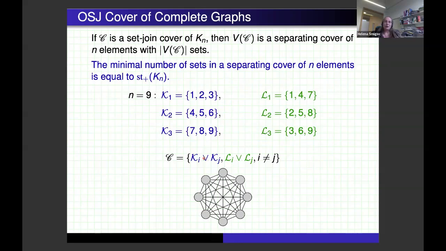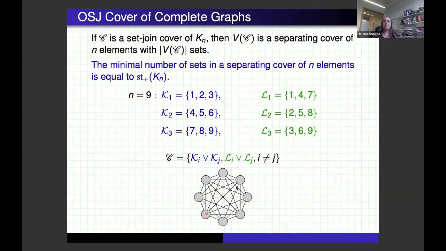How is this connected to our set joints? Well, if I have a set joint cover of a complete graph without loops, then the component set of this cover will be a separating cover of n elements with V of C sets. Why? Well, because I need to cover every edge. So all the edges are there.